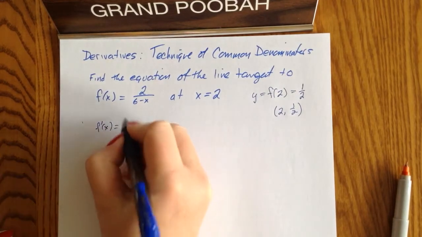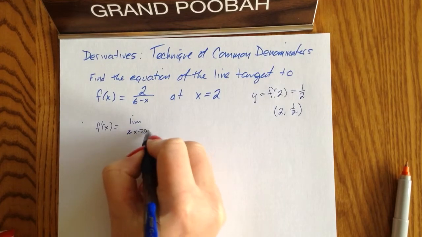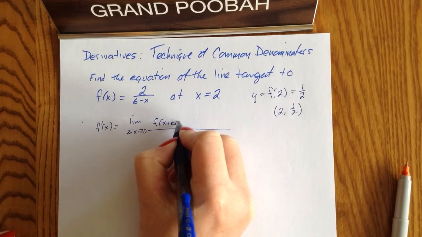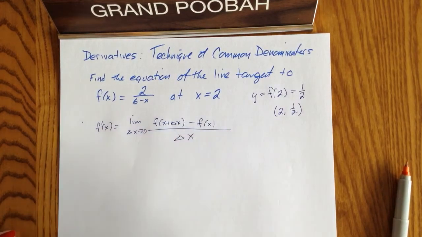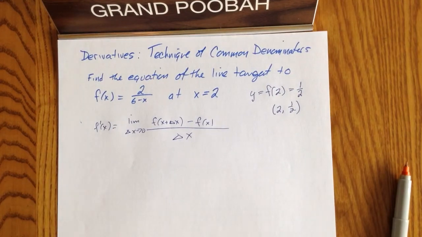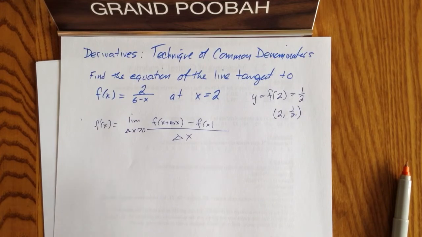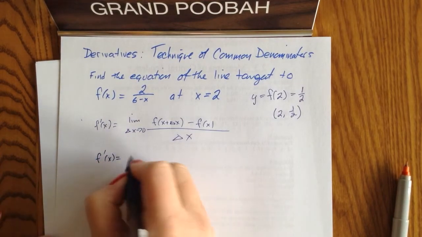F prime, limit as delta x approaches 0, is a fraction: f of x plus delta x minus f of x, all over delta x. So we're going to be putting a fraction into a fraction. Space out, people. Not like mentally. Give yourself some room. Here we go.